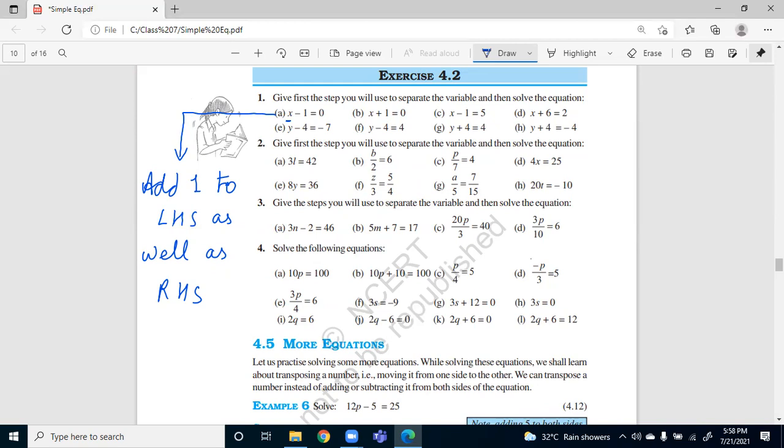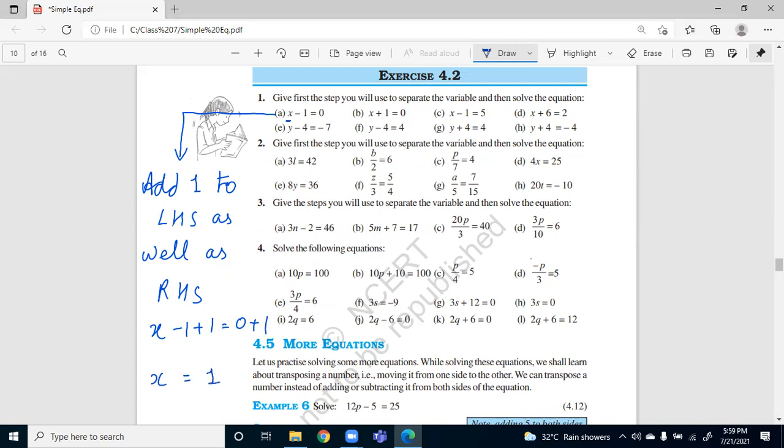Ma'am, the answer is 1. What one? Ma'am, x is equal to 1. Okay, yes, you are correct. And the answer is, if I add 1 to both sides, then it becomes x is equal to 1. Very good.